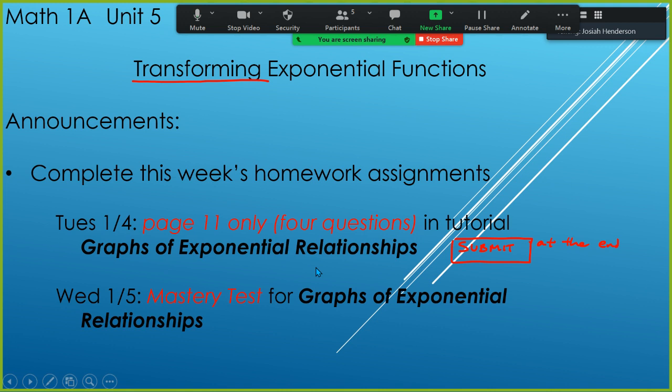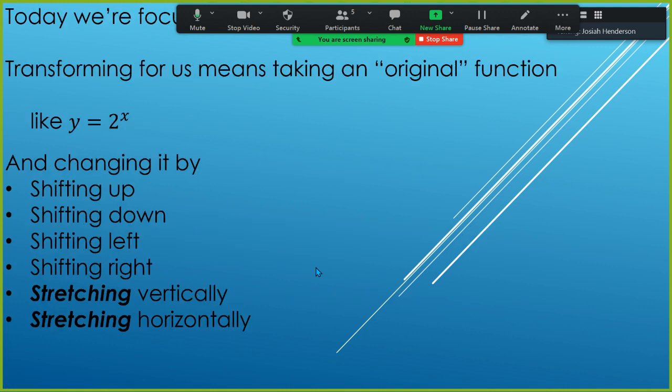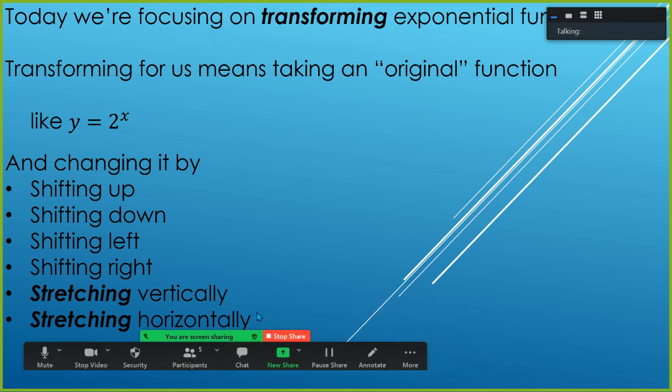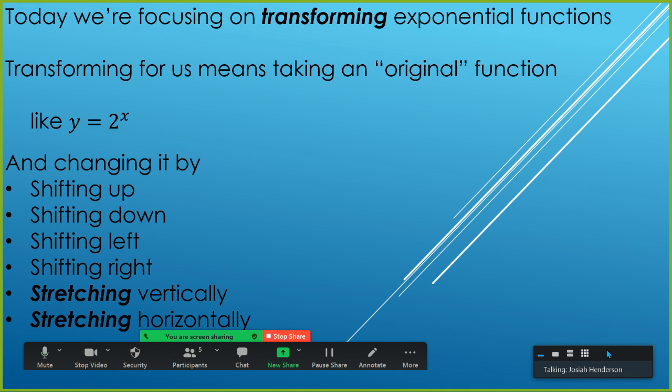Let's get started. So here's a little overview of what we're going to be doing. Like I said a minute ago, we're going to be focusing on transforming our exponential functions. And what does that mean?